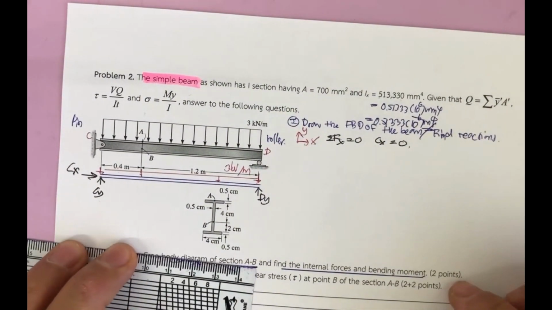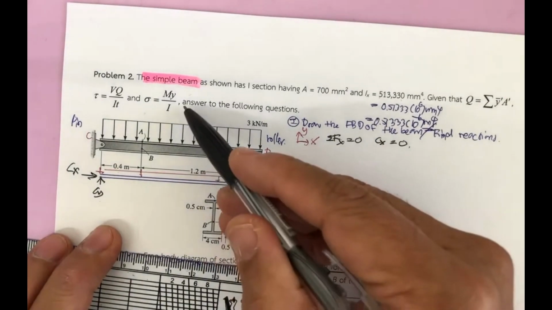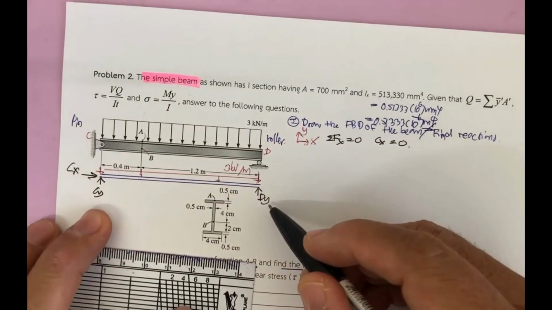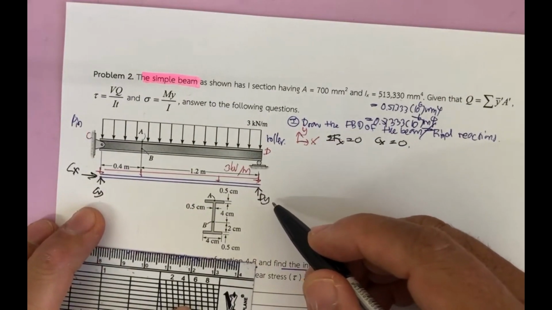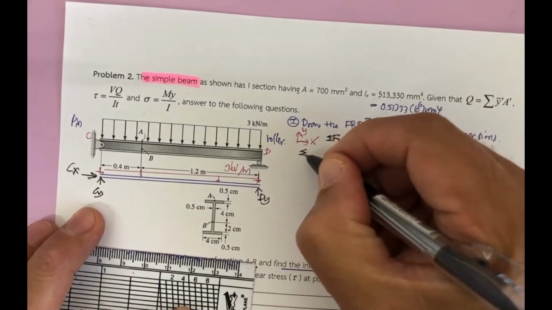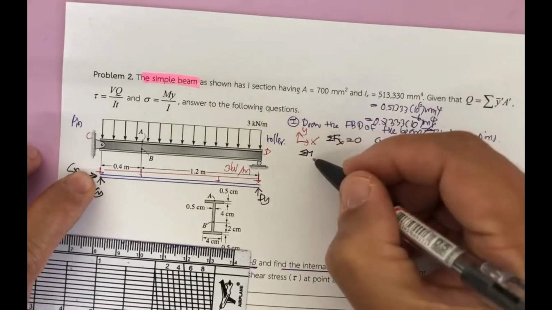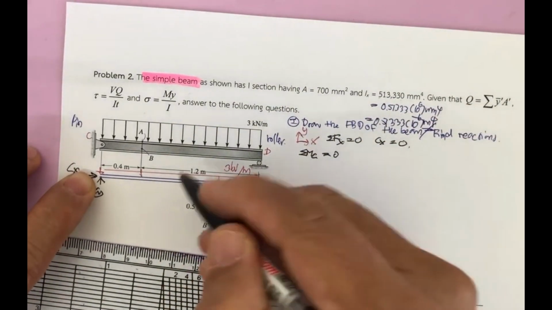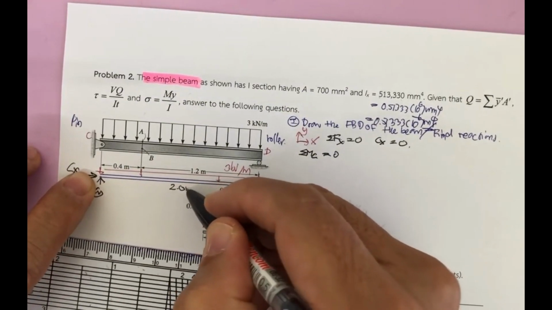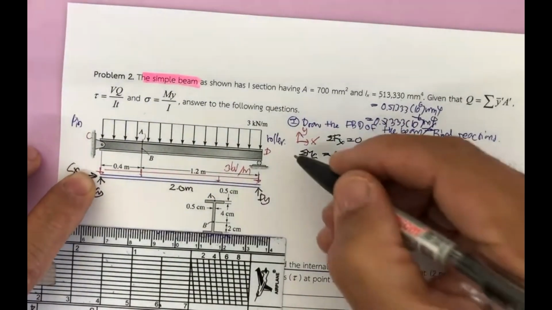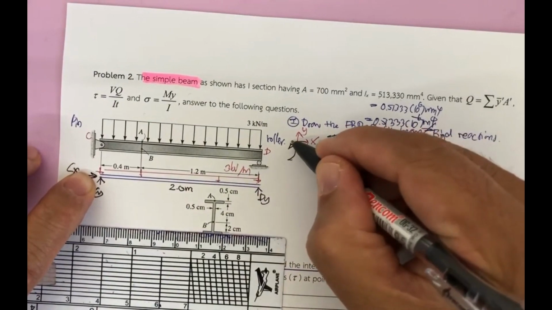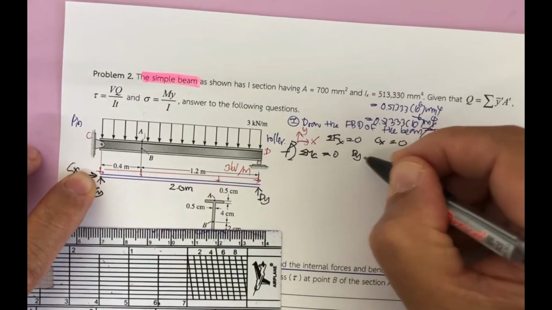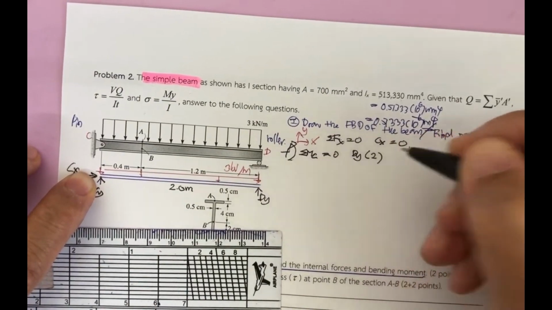And then if you can see the loading and the structure is in symmetry, the C sub Y and D sub Y are going to be equal. You can prove it easily. Summation of the moment at C equal to 0, and you can see the beam is 2.0 meter long. So this D sub Y is going to rotate counterclockwise about C. So you have D sub Y times 2.